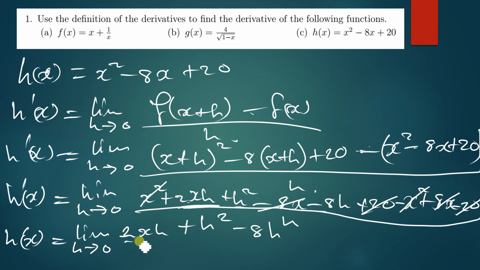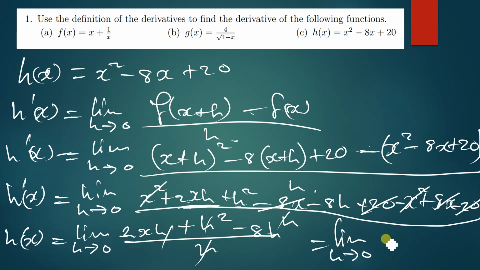So we're dividing everything by h. So h will cancel. We're just going to remain with the limit as h approaches 0 of 2x plus h minus 8.